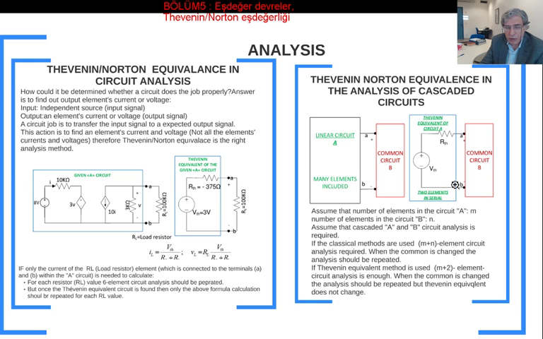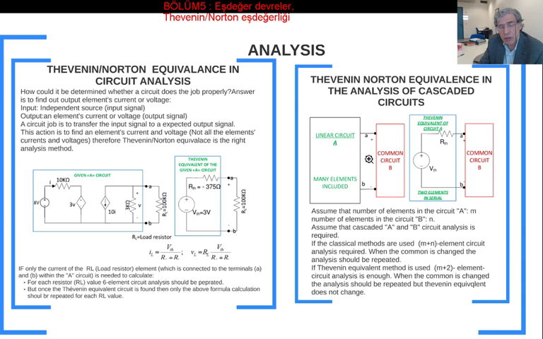So what is the difference? Say the number of elements of A is M and the number of elements of B is N. If you do the analysis without using any Thevenin equivalent circuits, to analyze the whole circuit means you're going to analyze a circuit with M plus N elements.